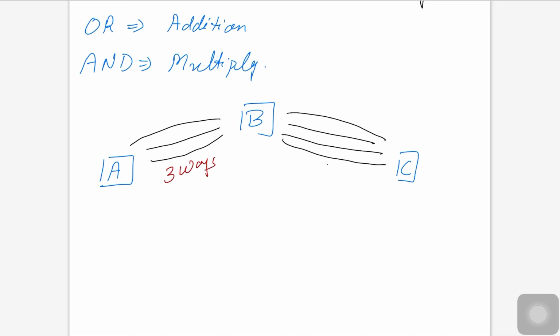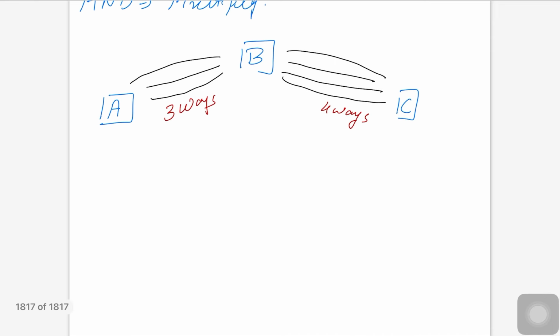And there are a total of 4 ways from B to C. Now do I have to add them or multiply them? I have to reach from A to B and B to C. If there is an "and", then you have to multiply them. That is 12 ways.